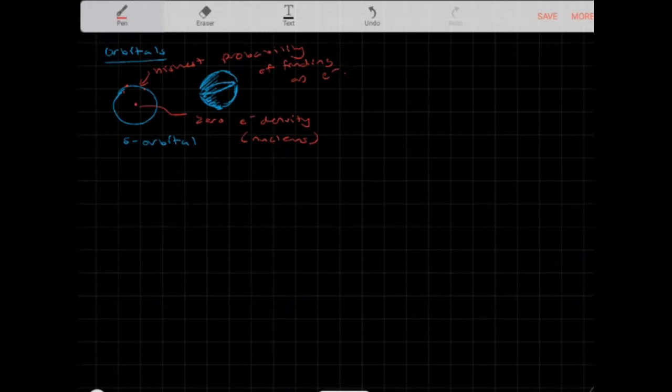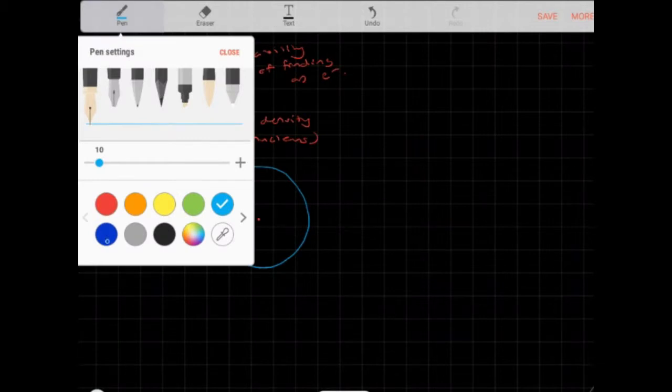If you look at this as a probability density map, and we look at the orbital as pinpointing the location of an electron from the node, okay, we can understand that.